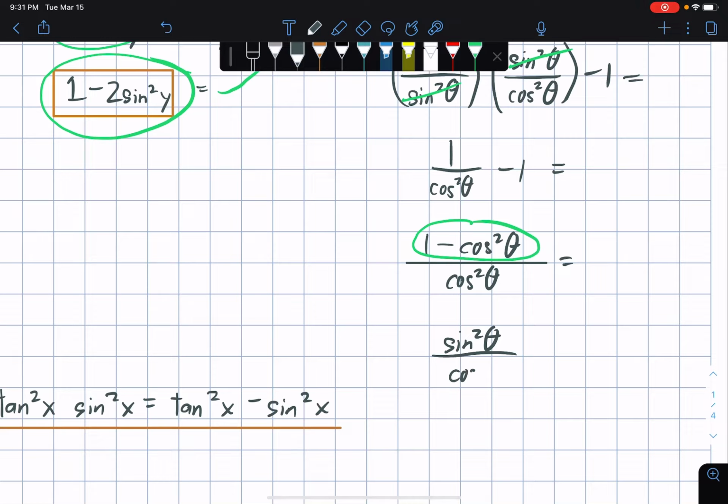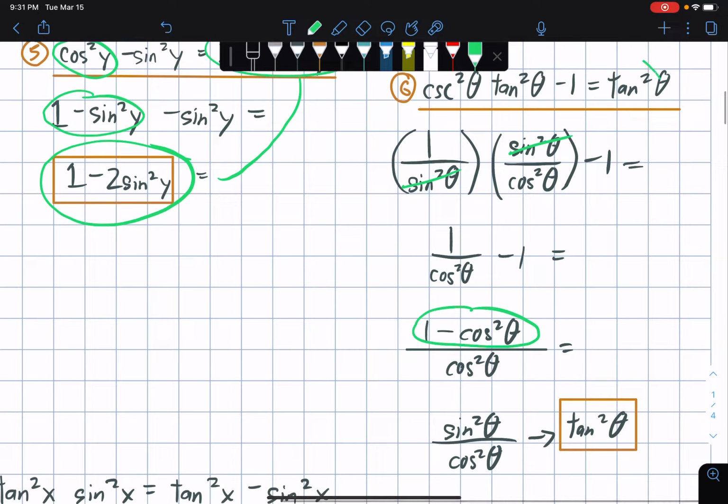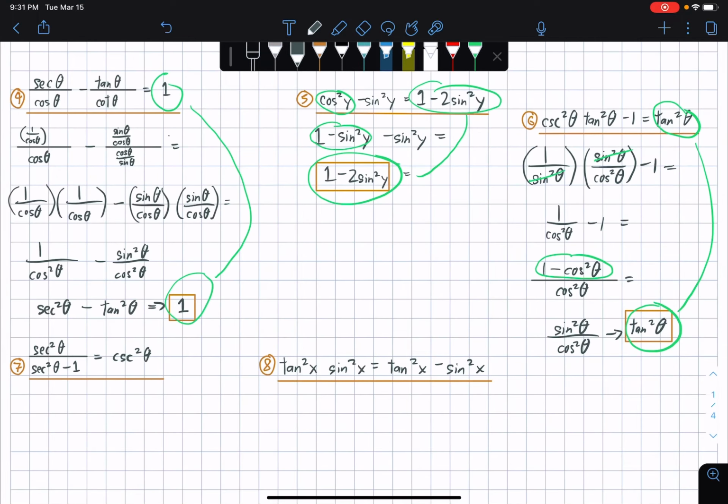Then we just copy the denominator. Right now, this could be translated as tan raised to 2 theta, because sine is at the numerator and cos is at the denominator. So yeah, this is it. Let's see if it's verified. Yes, it is verified. They're both equal to each other.